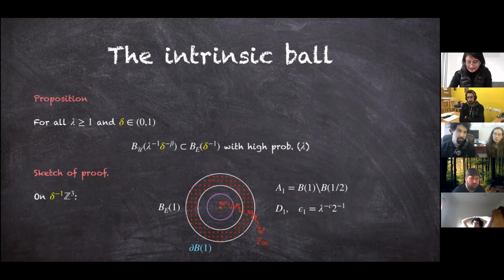So if I achieve that, this is the property that I was talking about. I want to avoid this small region of radius lambda to the minus 4 around 0.